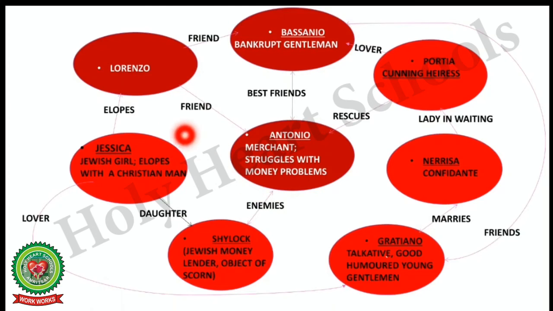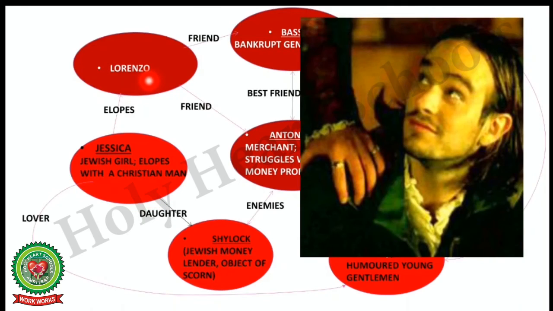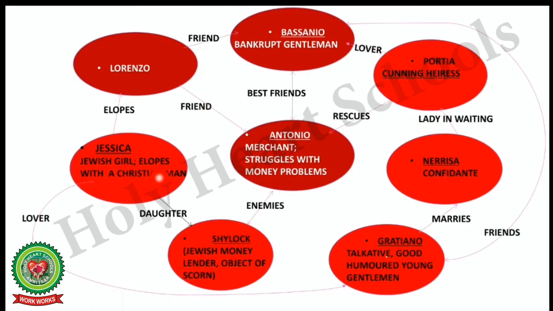Now, let us see the next character of our play, Jessica. Students, Jessica is Shylock's daughter. She eloped with a Christian named Lorenzo, who is Antonio's and Bassanio's good friend. Students, eloped means ran away.